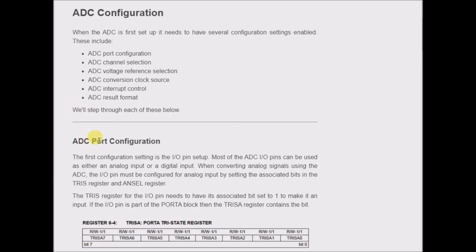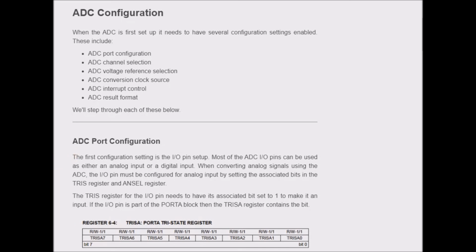ADC port configuration. The first configuration setting is the I/O pin setup. Most of the ADC I/O pins can be used as either an analog input or a digital input. When converting analog signals using the ADC, the I/O pin must be configured for analog input by setting the associated bits in the TRIS register and ANSEL register.